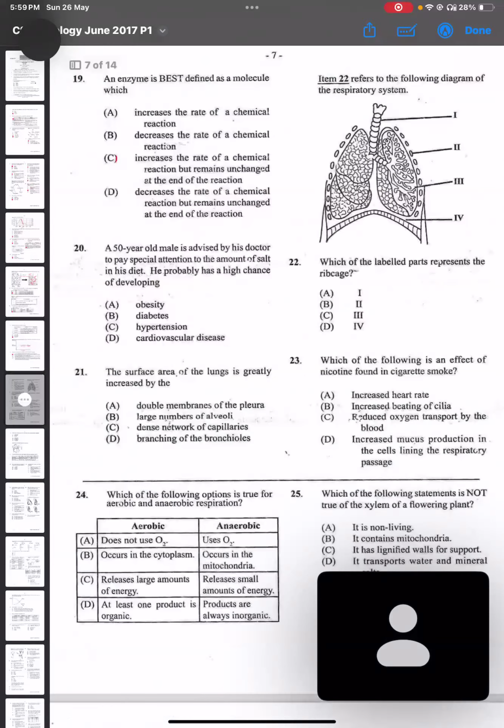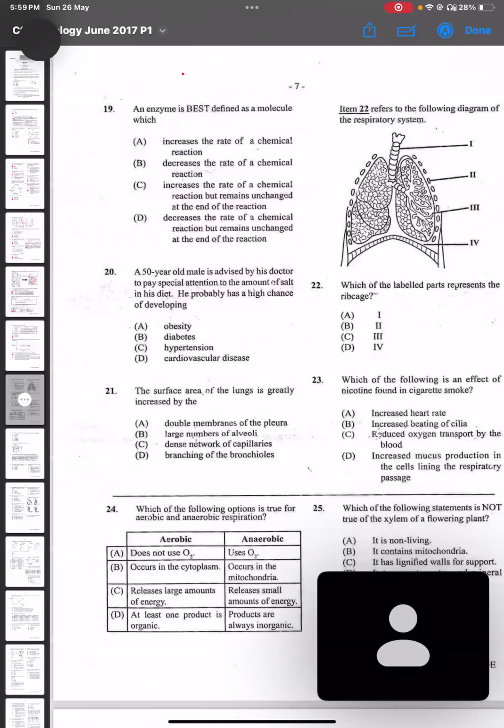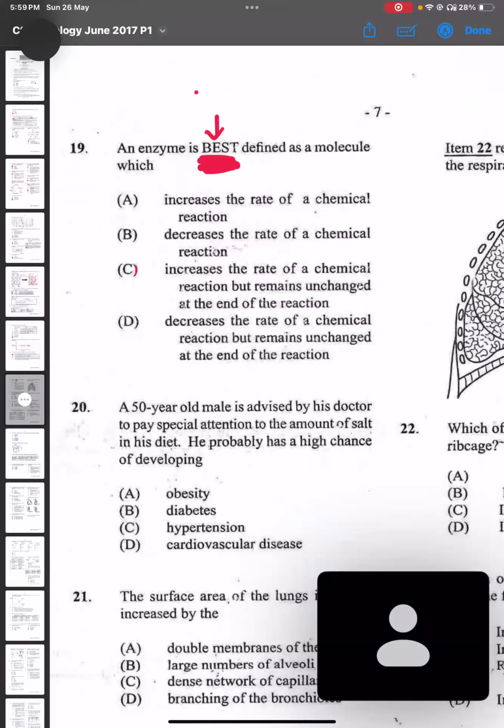Question 19, best. That's why they put it in capital letters. An enzyme is defined as a molecule which... we know obviously that it is between A and C. Between A and C, which one best describes what an enzyme is?